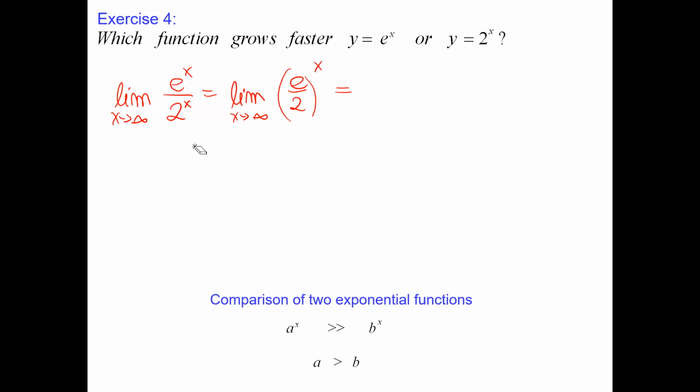And now it is interesting. E to the x and 2 to the x, two exponential functions with different bases. Limit as x goes to infinity, for instance, this. I'm trying to use algebra.